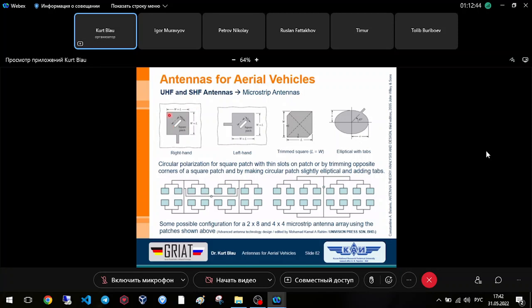If we make the slot in this direction, it's only another figure, then you change the direction of polarization completely in the opposite direction. Assume here it's, let's say, clockwise or right-handed polarization, then in this case it's left-handed circular polarization.